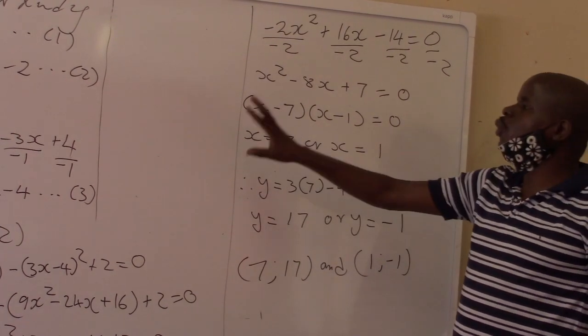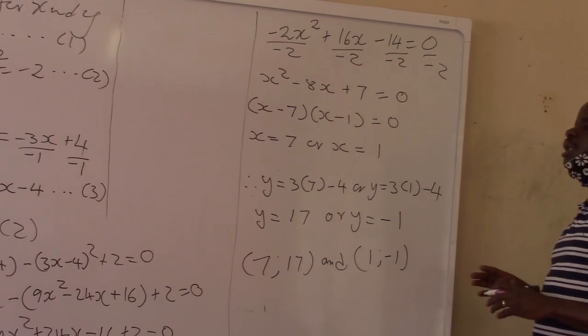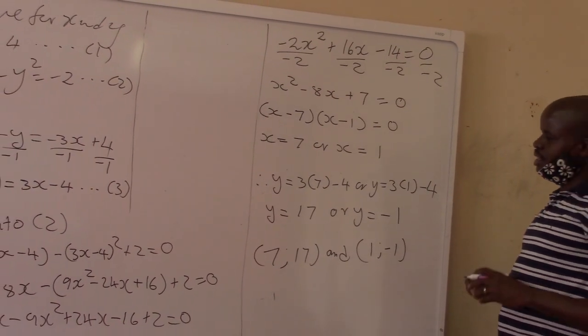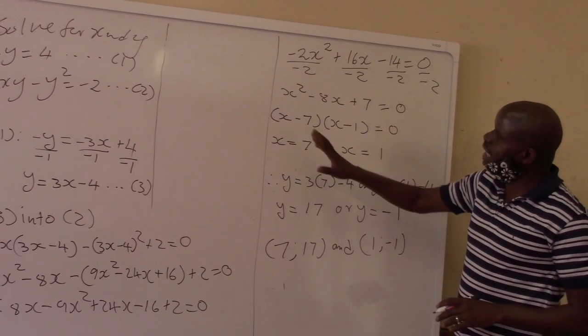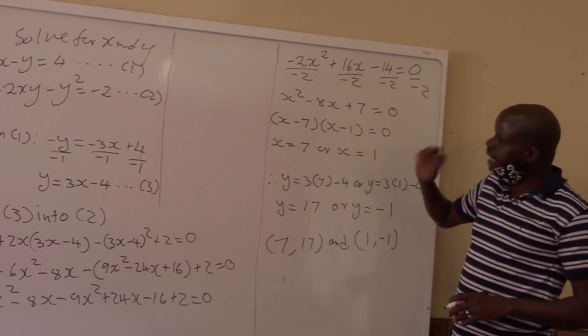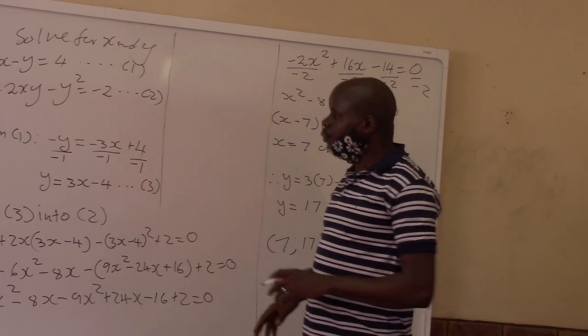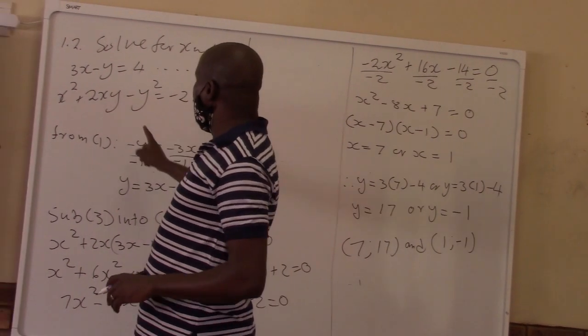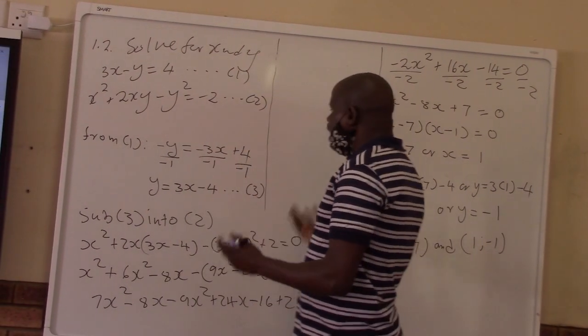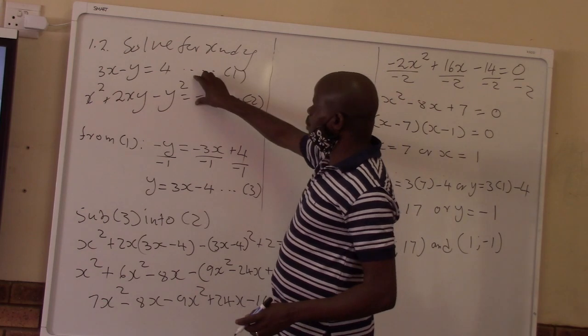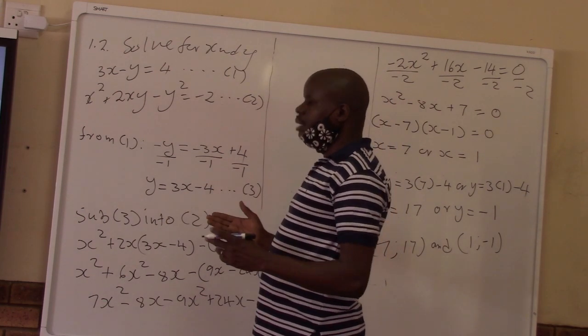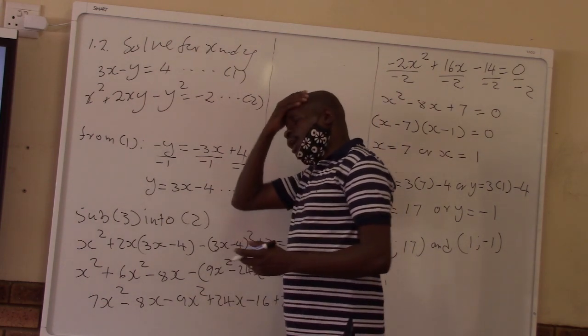So that is how generally we solve the simultaneous equation. That is generally how we deal with it. You will be given two equations with x and y in most cases, or any other two different variables.